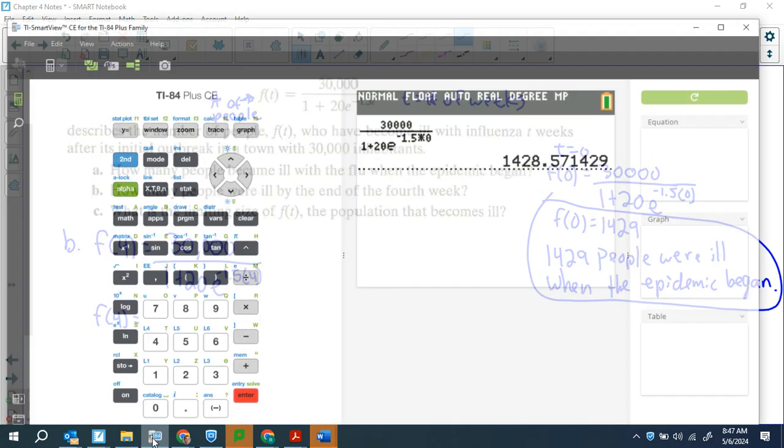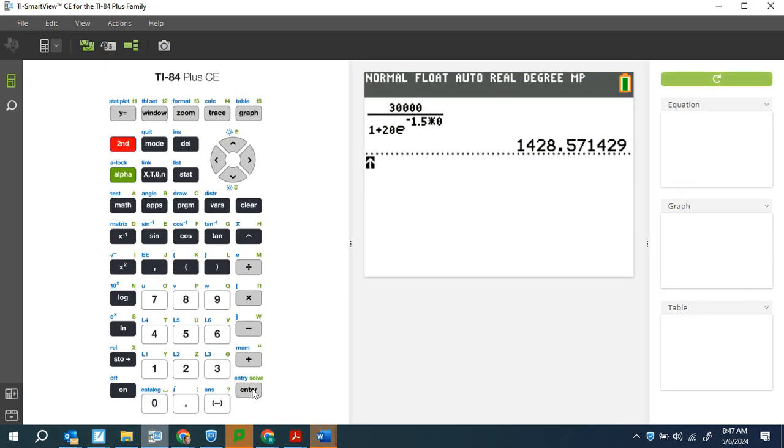If you remember, if you press second enter, it pulls up the last thing you typed in. So you could pull that up, and then scroll over and change the 0 to 4. So we have 28,583 people after the 4th week.